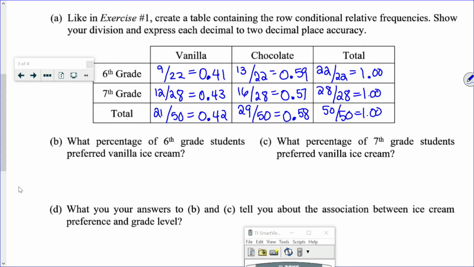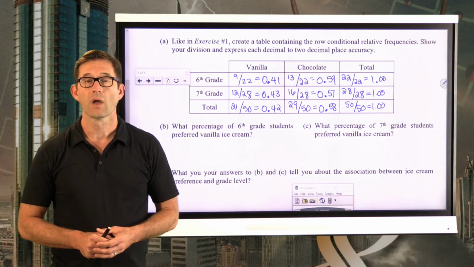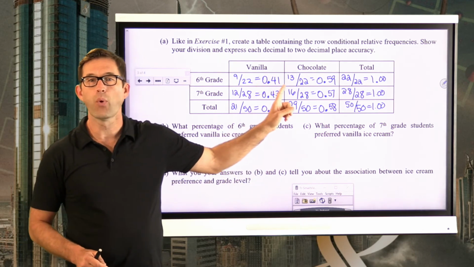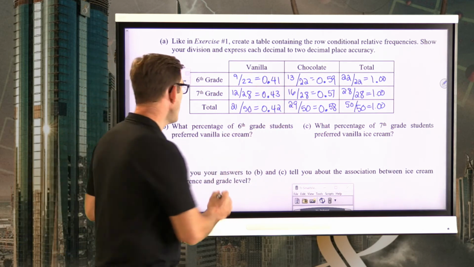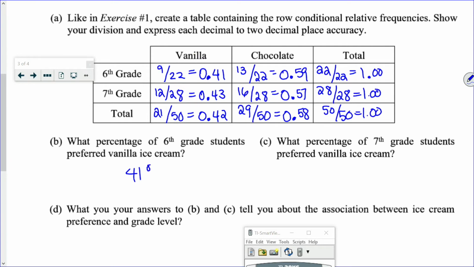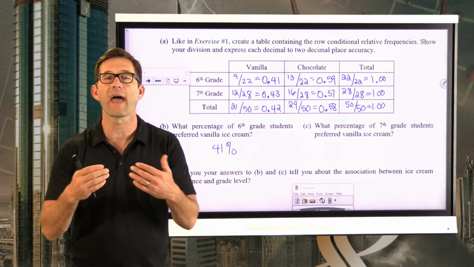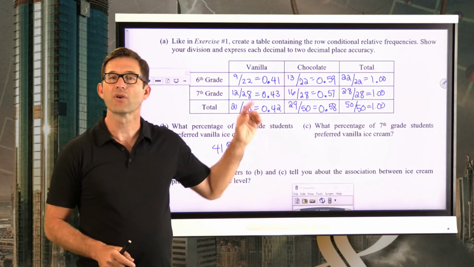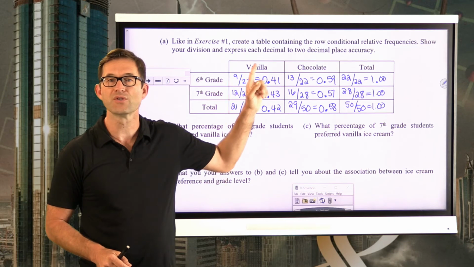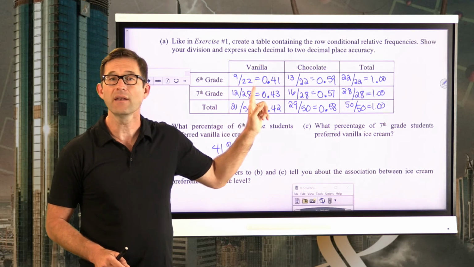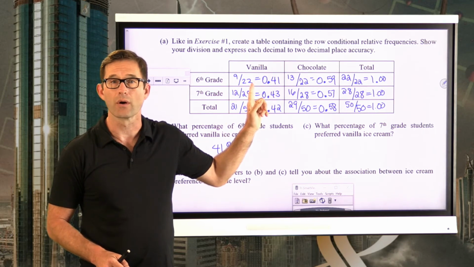All right, well again, this 0.41 or 41% corresponds to the percentage of sixth graders who preferred vanilla. And hopefully that just makes sense based on how you calculate percents, right? I took the total number of sixth graders who like vanilla, which was 9, and I divided it by how many sixth graders there were, right?